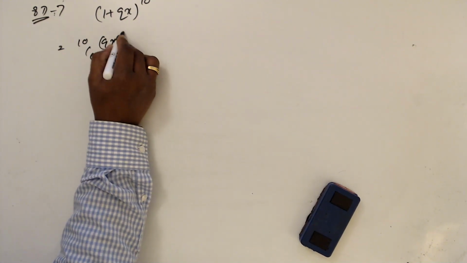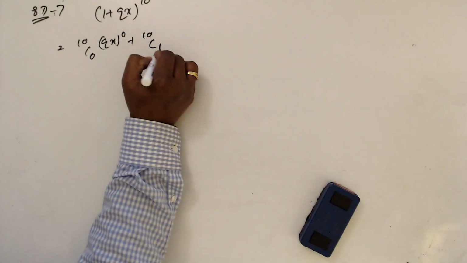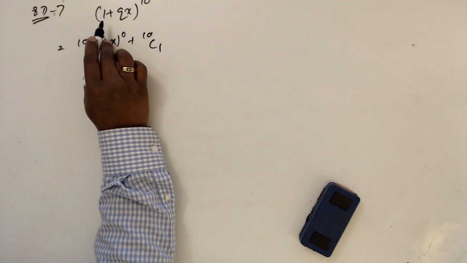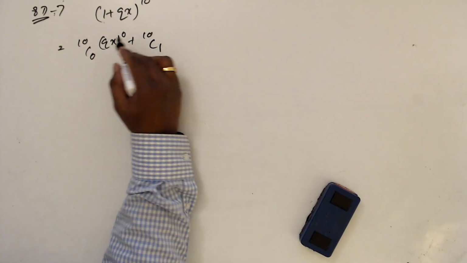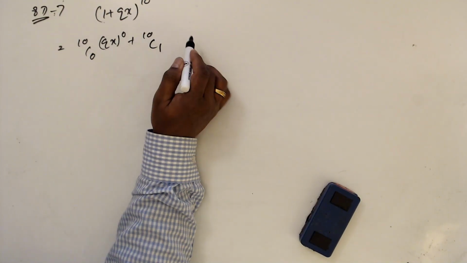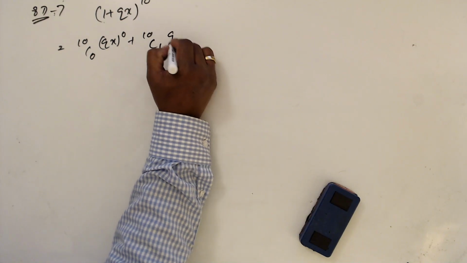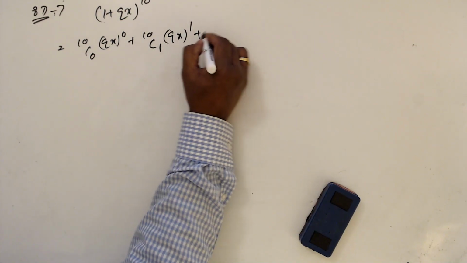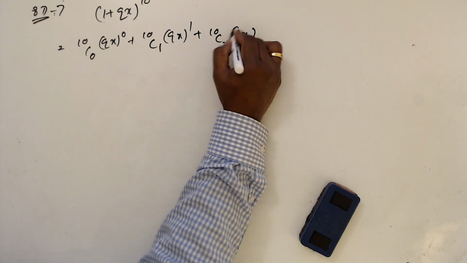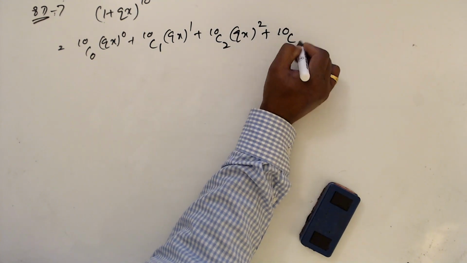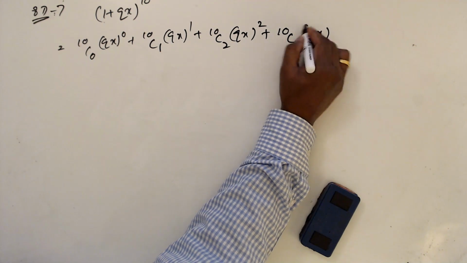10C0, qx to the power 0, 10C1. I don't consider 1 because 1 times any power is 1. I just concentrate on the ascending series. So 10C1 qx to the power 1, 10C2 qx square, and 10C3 qx cube.